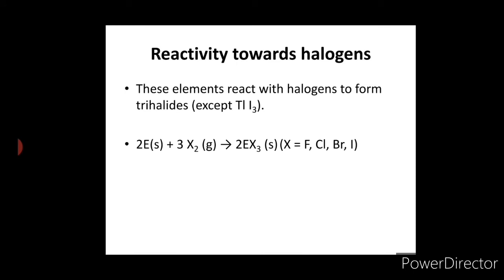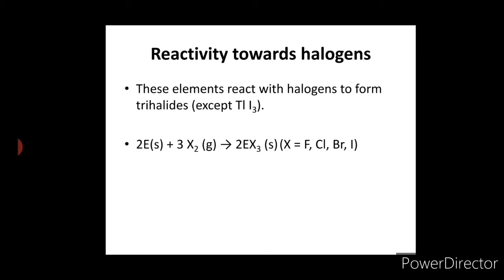Reactivity towards halogens. These elements react with halogens to form trihalides. As you see from the equation, 2E plus 3X2 gives 2EX3, where E is the group 13 element and X is the halogen, which may be fluorine, chlorine, bromine and iodine. The stability of trihalides increases down the group. Again the same thing, the inert pair effect increases down the group.